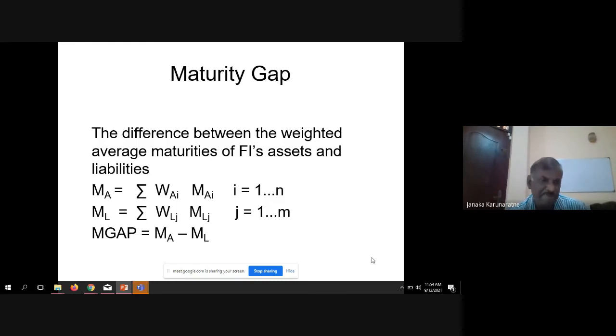Right, so maturity gap is maturity of assets minus maturity of liabilities. So the idea of this model is to look at the whole bank asset maturities and whole bank liability maturities, and come up with the gap and estimate the possible impact.